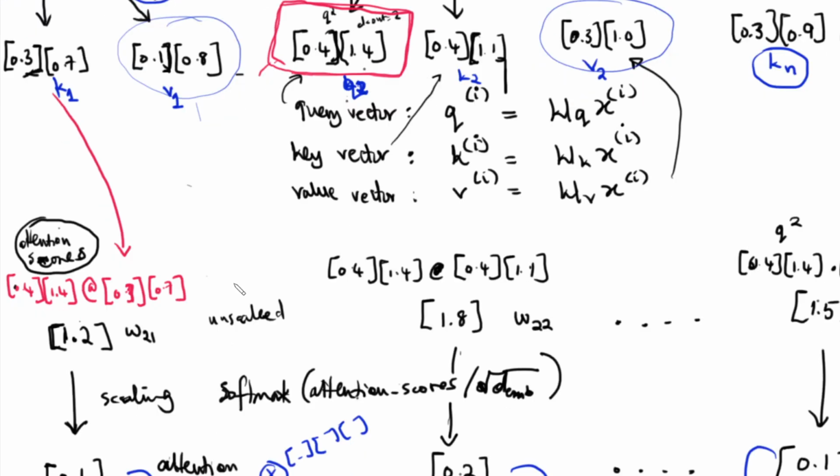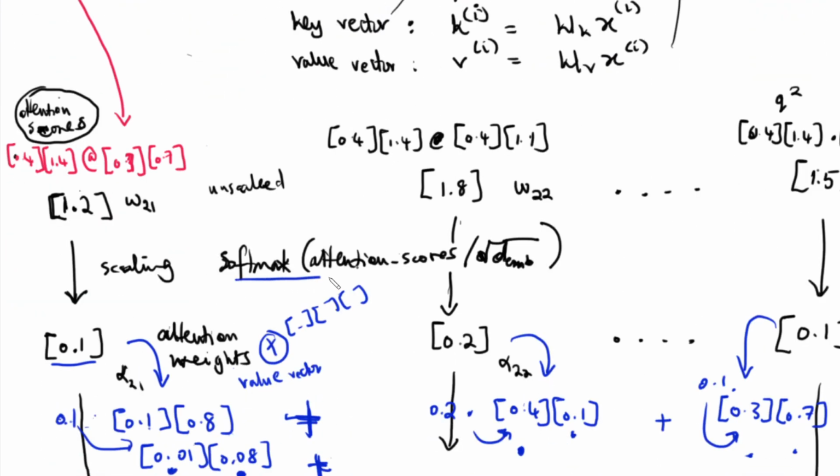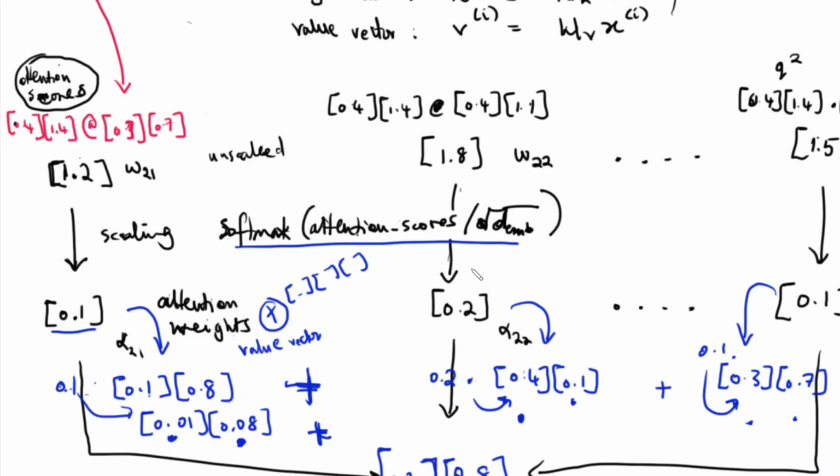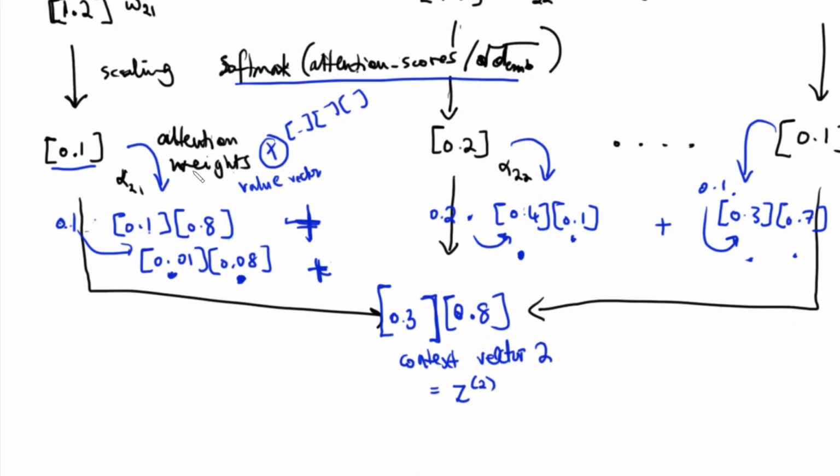And when we get the attention scores, we then scale them using the softmax with the square root of the dimension of the embeddings. And then after that, we now have our attention weights. Then we grab our value vectors, and then we apply them, and we calculate our Z at that particular input. So that is our Z2. That's how we calculate our Z2.